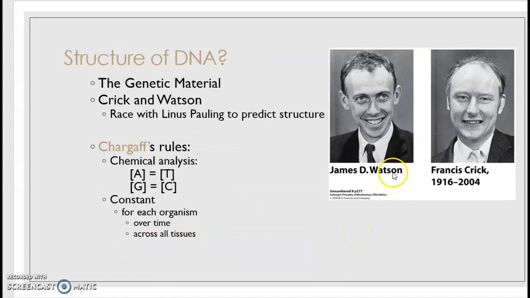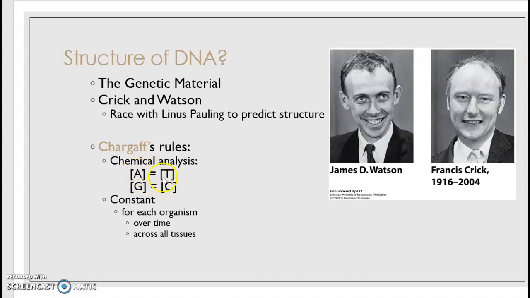These two guys that you can see here, Crick and Watson, were responsible for predicting the structure of DNA. Chargaff's rule established that adenine can only be combined with thymine and guanine with cytosine.